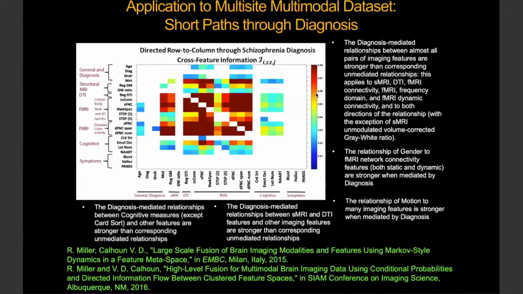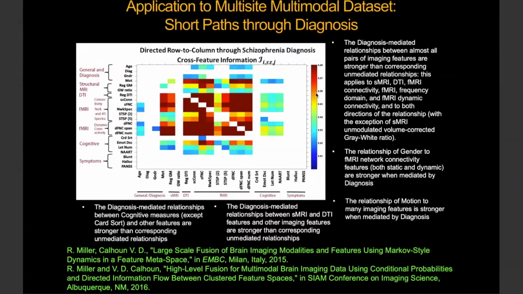If we just look at the two-way short path information here in a schizophrenia data set, I've got a bunch of different features over here from diagnostic information, structural MRI, functional MRI features, including dynamic connectivity, 4D FFT, a bunch of things we threw in there, cognitive scores, symptoms.